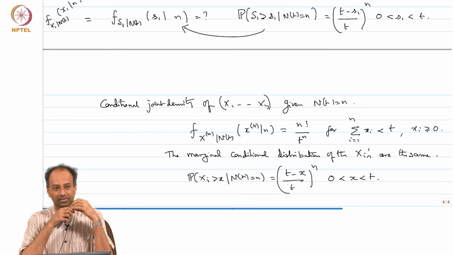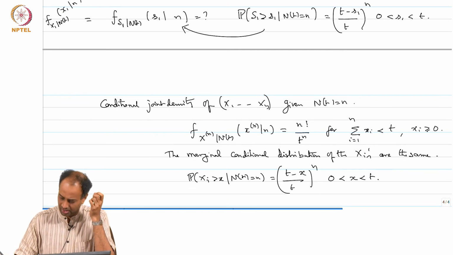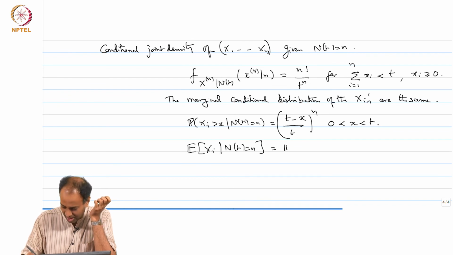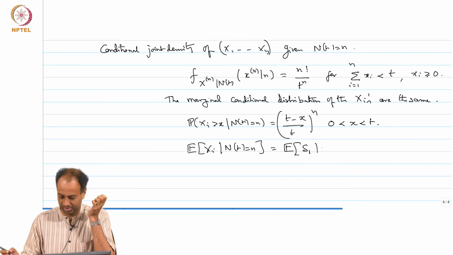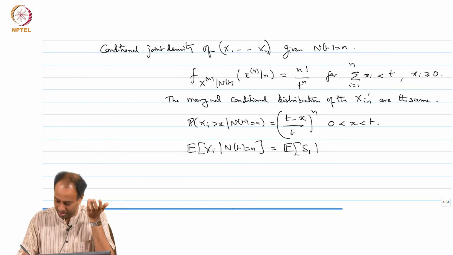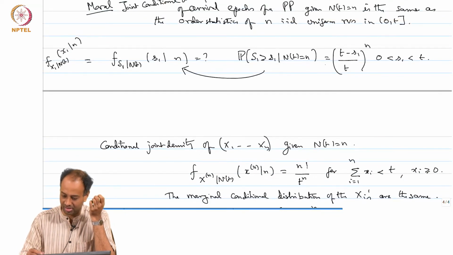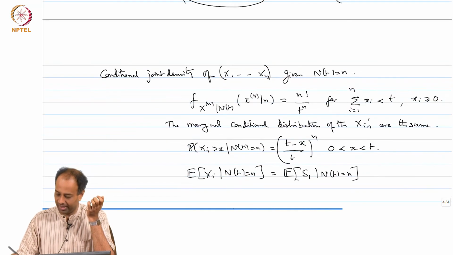Is that clear? And also this is something you can calculate. If you look at what is expected Xi given N(t) is equal to n, which is the same as expected S1, that is X1 or expected S1 given N(t) equal to n. So, S1's density, this CCDF we know, right. If you calculate, what do you think you will get?